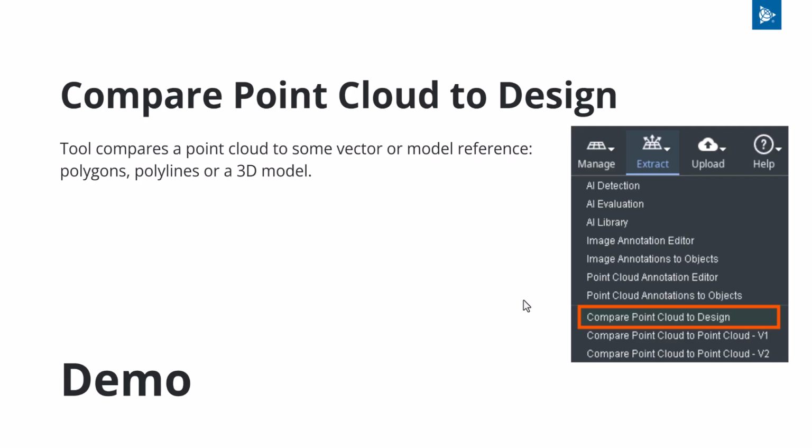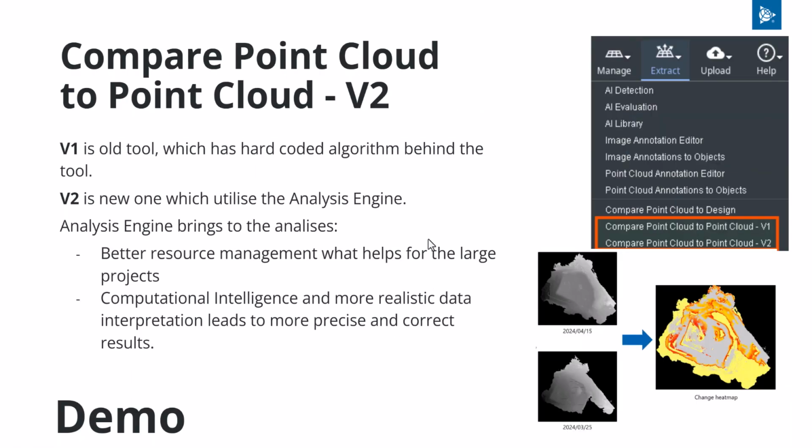As a reference, we can consider polygons, polylines, or a 3D model. The tool itself can be found under the Extract toolbox over here. We'll demonstrate it later. The second tool is point cloud to point cloud comparison version 2.